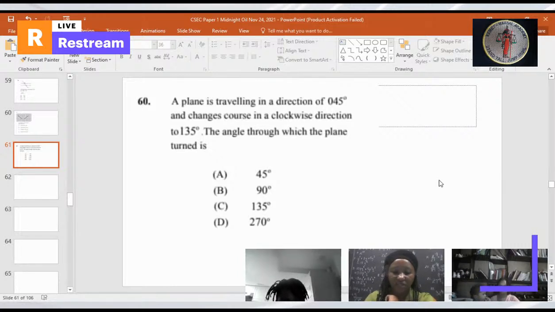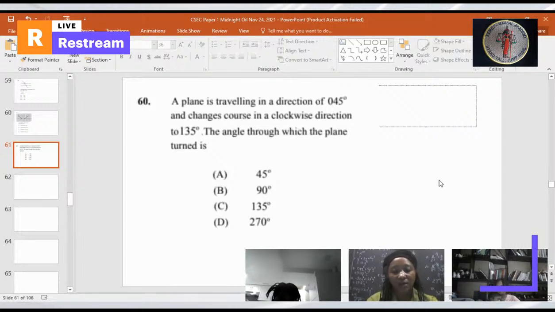So bearings are measured from the north line. So the plane was traveling on a 45-degree angle from north, and then it changes course in a clockwise direction. So it's now traveling on an inclination of 135 degrees, also measured from north.